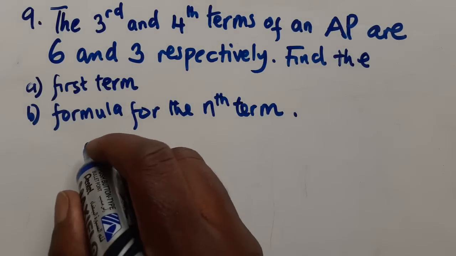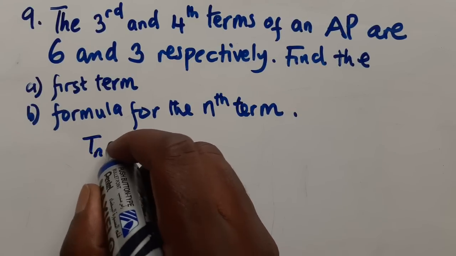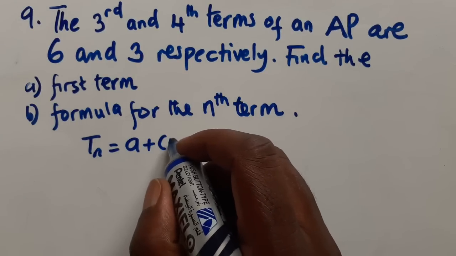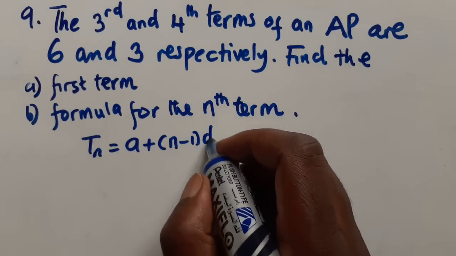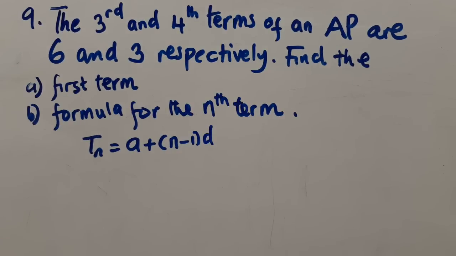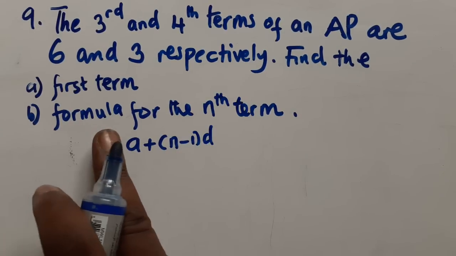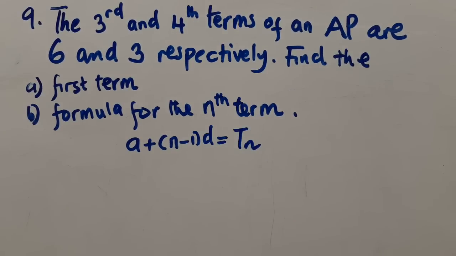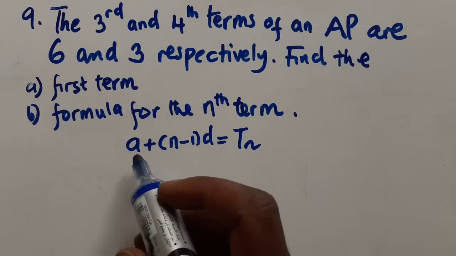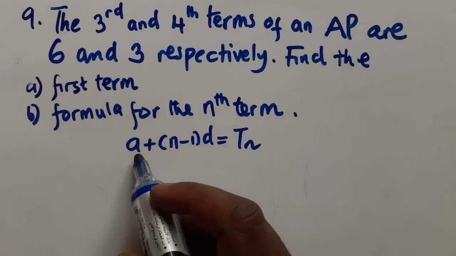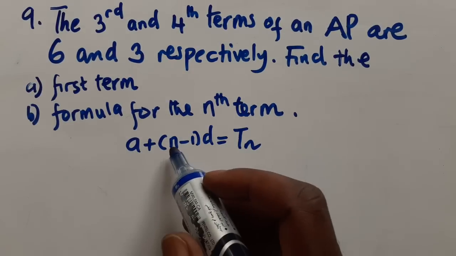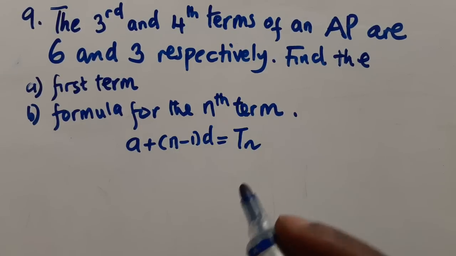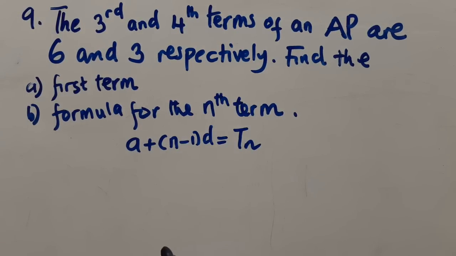The formula that we use to find the nth term of an AP is, take note of that. This is the formula, or if we want, we can still bring this on the other side. Where A is the first term, N is the nth term, and D is the common difference.